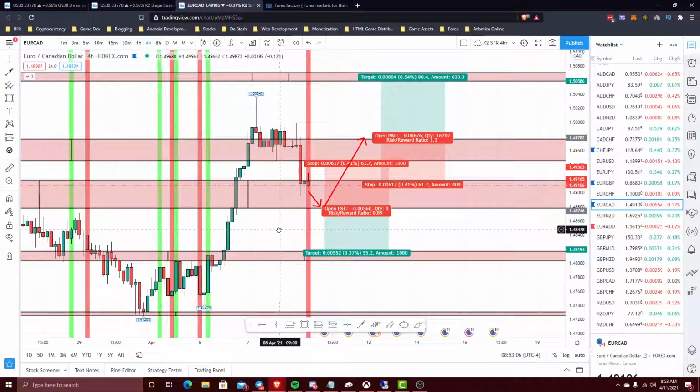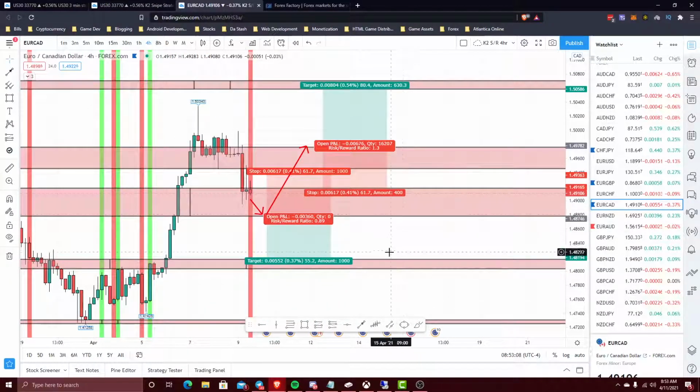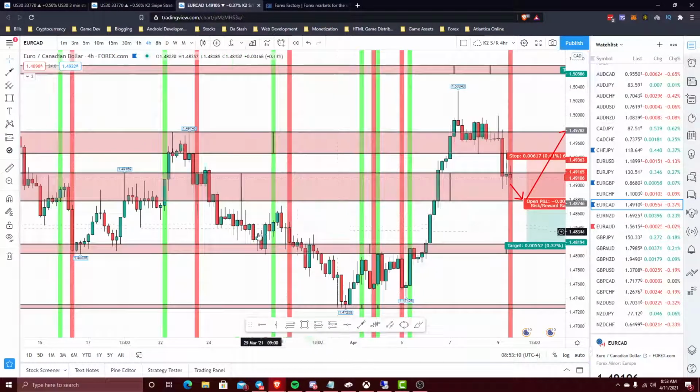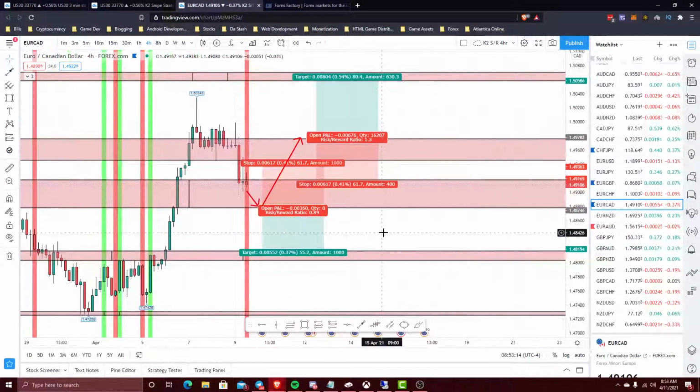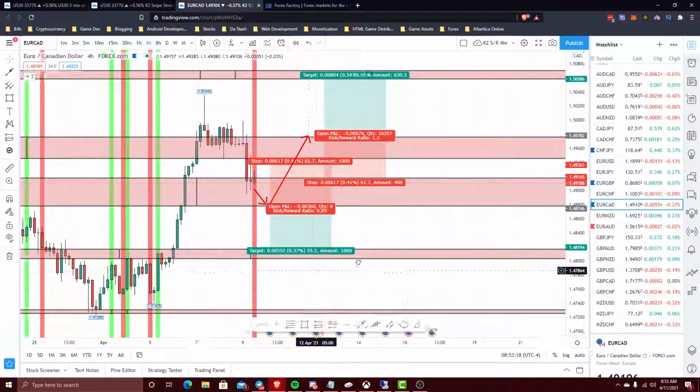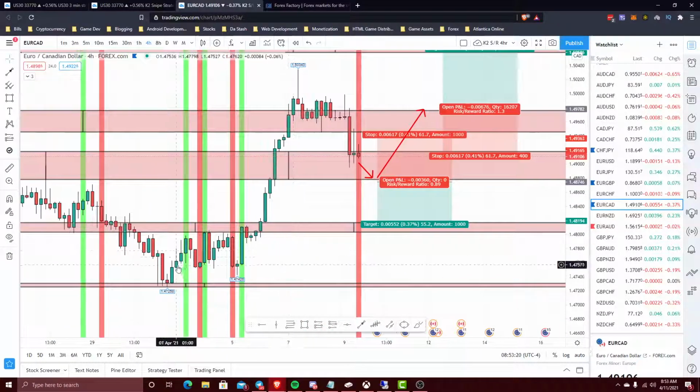So I feel like that's just unacceptable to me. I mean, I have to at least catch some type of pips a day, me personally. And you would think on the 4 hour you would catch better movements, because on the lower time frame you definitely will see more false breakouts. But stuff like this, it's like, what the world.